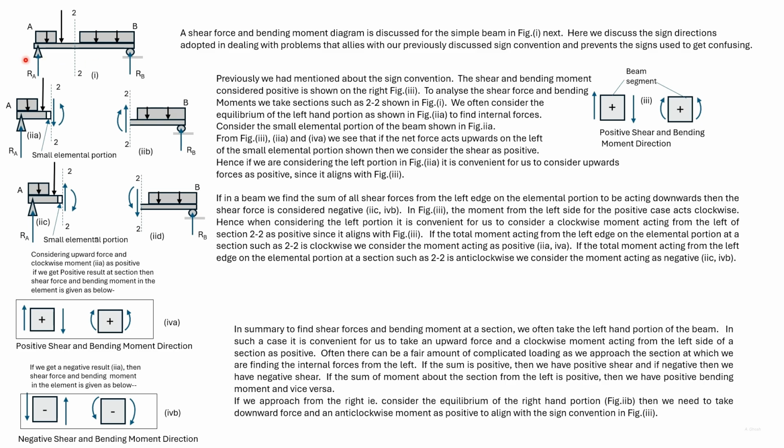Now this is the case we had earlier taken, and here we will consider the section 2-2. Let us consider a small element as shown here alongside the section 2-2.